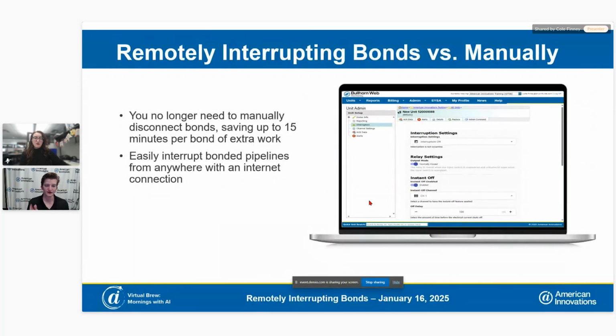I have heard this story before, and I imagine everybody in the audience has a story similar to this. I remember talking to some customers and some technicians, and they were performing their interrupted survey. They had a really crowded corridor, so they had a bond box with multiple bonds in it.